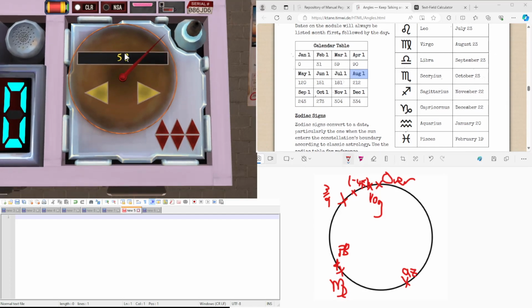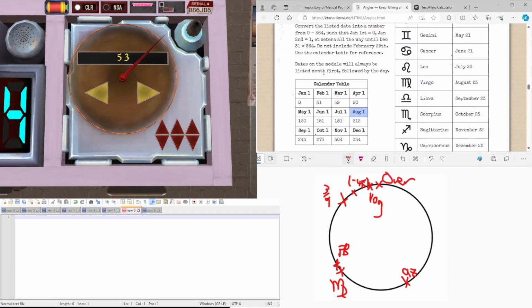This is referring to the 3rd of the 5th month. Dates in order are always listed month first, followed by the day. So we're looking at the 5th month, May 3rd, which is going to be 122. So we need to go 122.